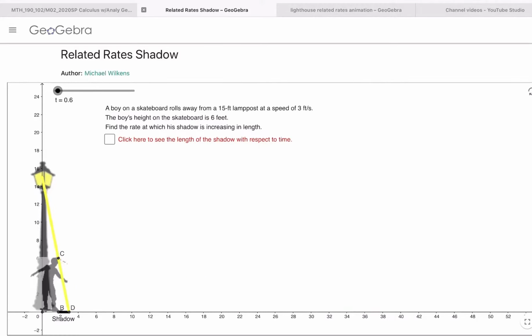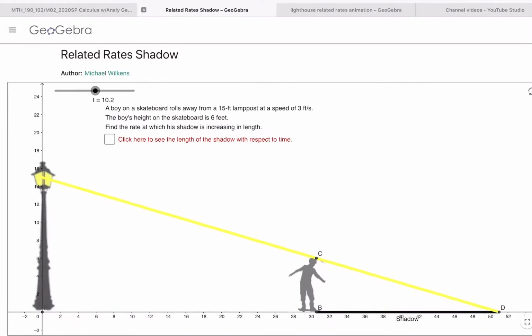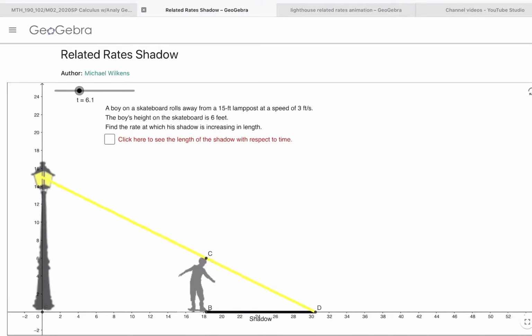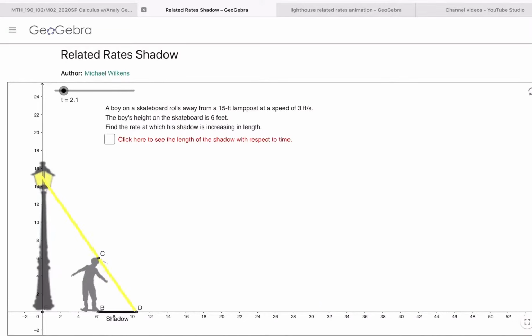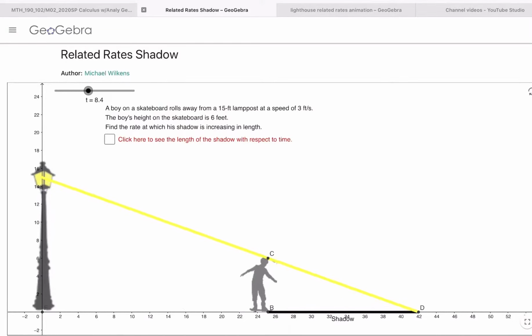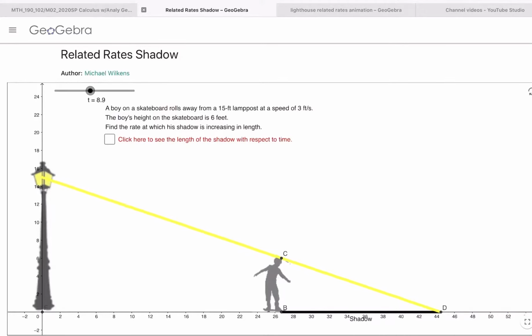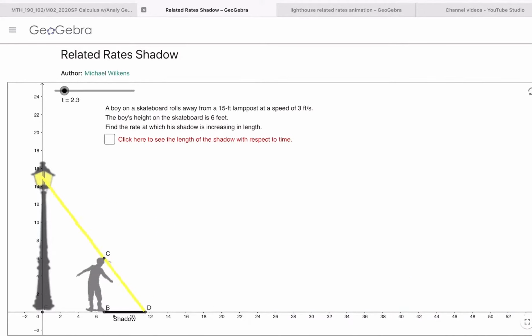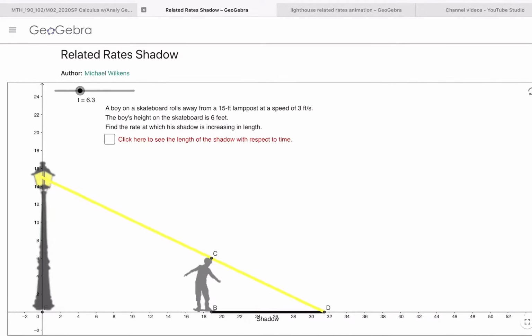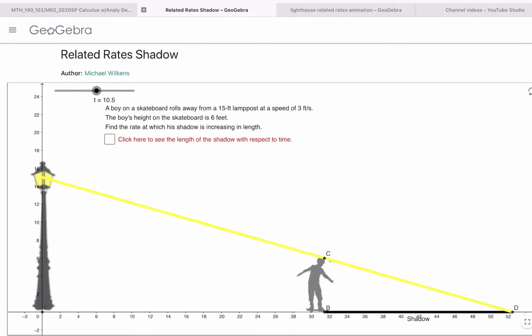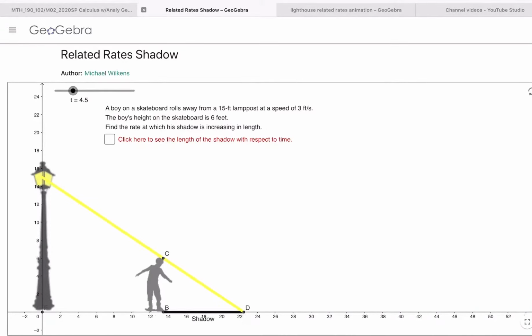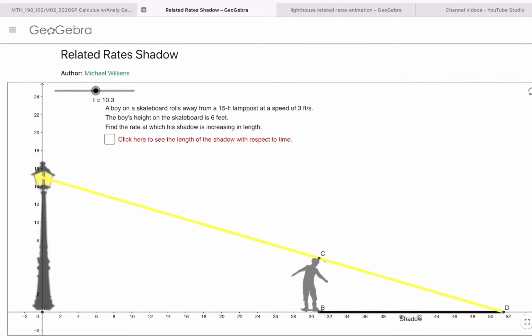I think I can do this more fluidly if I'm not going so slow. As I slide to the right, notice that the shadow looks like it's increasing and decreasing in a constant way. Do you see that? The shadow length, that bold line from B to D, looks like it's increasing or decreasing at a constant speed, but point D doesn't.